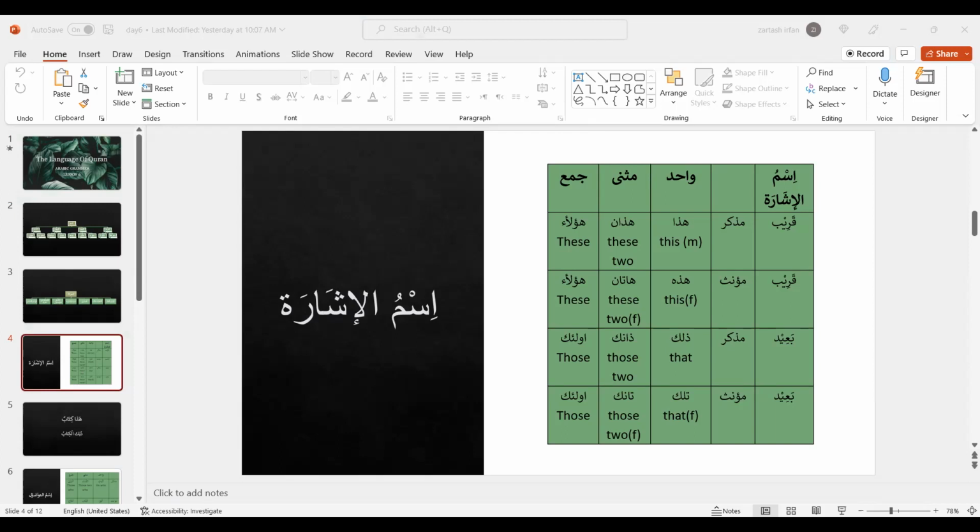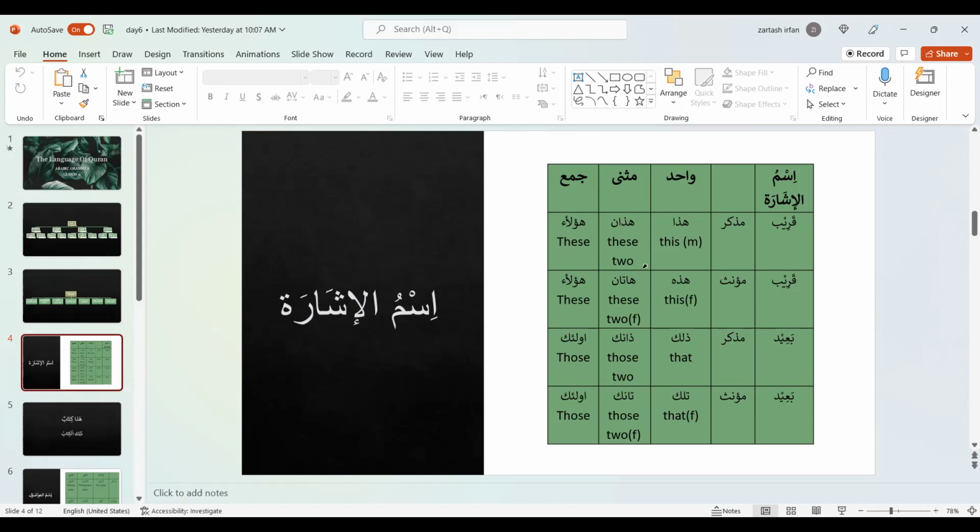So in Arabic, the words which are used to point at something are called Ismul Ishara. Let's read the chart again, and please keep repeating this chart until you remember all these 12 words altogether. 6 are for Kareeb objects and 6 are for Ba'id objects.